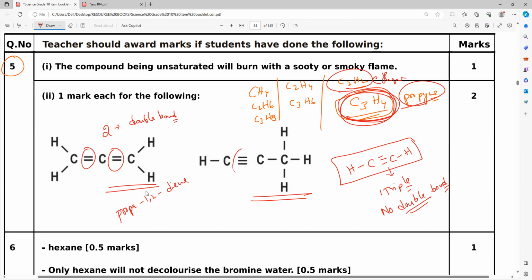Then how many triple bonds? 1 triple bond. What is the name of this one? Prop-1-yne. That is the compound. So what is the compound X taken? Propyne. That is the answer.